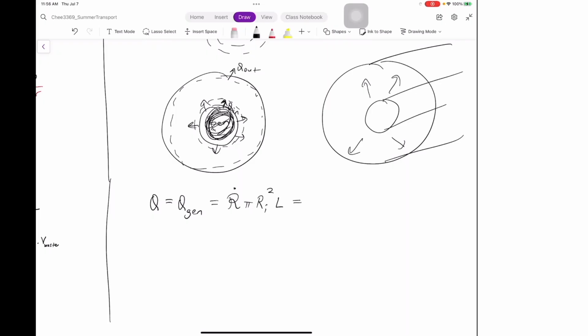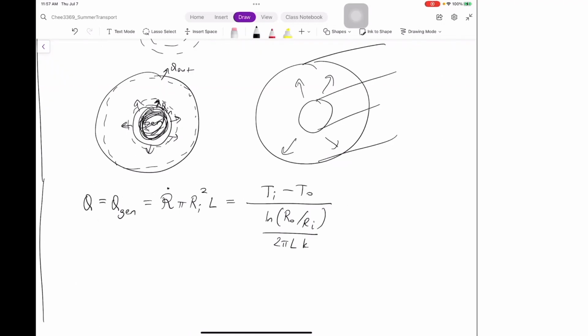We know from our earlier analysis about the overall heat transfer coefficients that it's the temperature difference, Ti minus T out, divided by the resistance. We derived earlier that the resistance for a cylindrical shell is nothing but logarithm of Ro over Ri divided by 2 pi Lk.